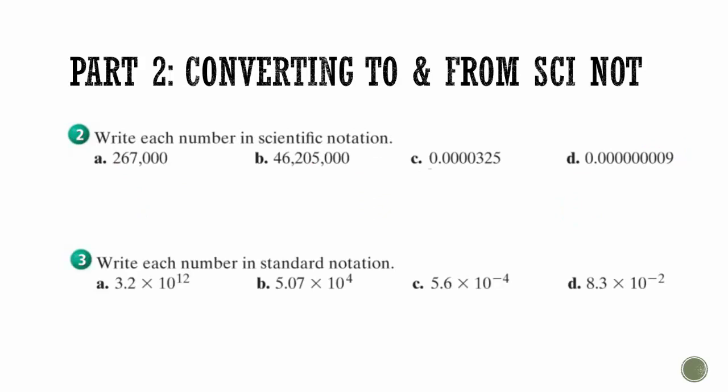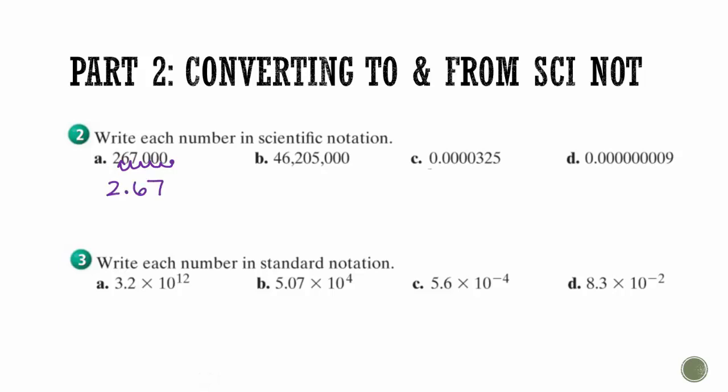So this part you did in your science class and in 8th grade. Let's take these numbers and put them into scientific notation. So chances are when you were taught this, you took a decimal point, so here it would exist there, and then you counted your way over until you decided to stop. Now remember, we're going to put it between the 2 and the 6 to make 2.67.